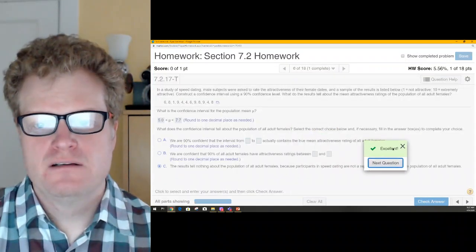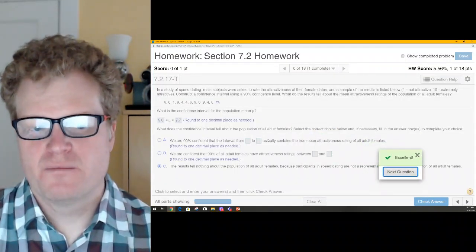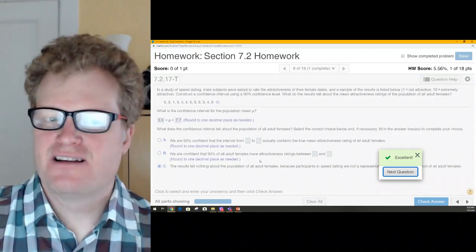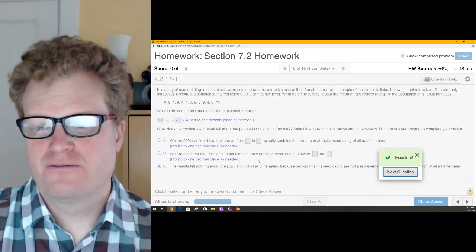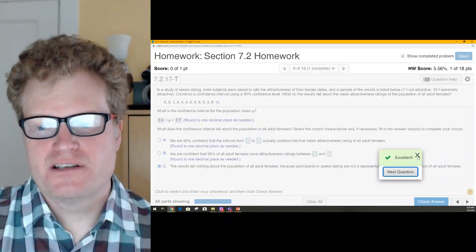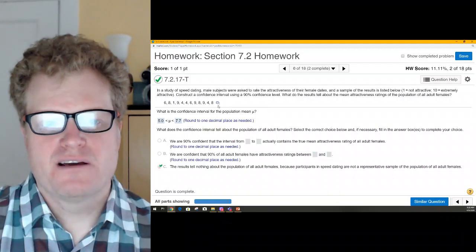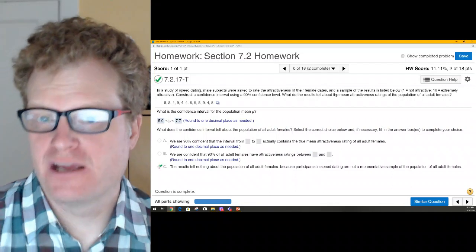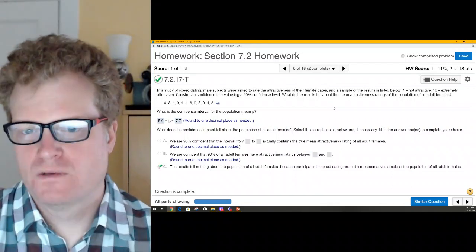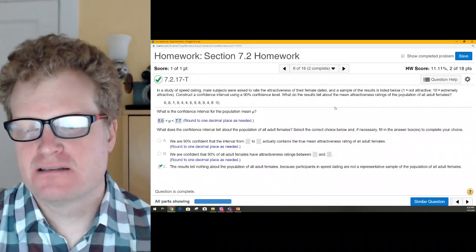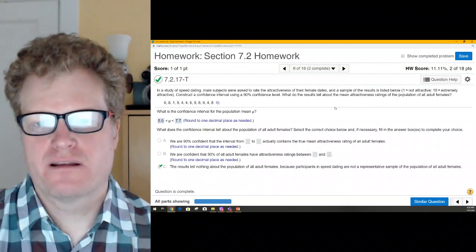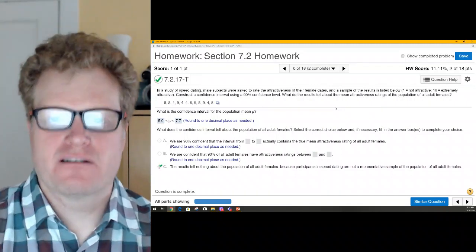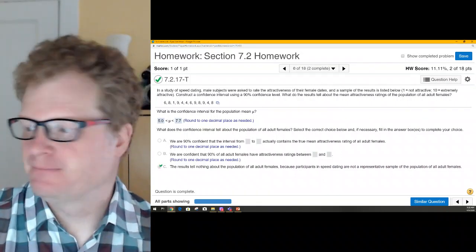These interpretation questions can be a little bit tricky, but remember that with really small sample sizes, there's not a lot they can say about adult females. We're talking about using speed dating to represent the entire population of adult females, so the characteristics of that sample are not necessarily the same as the characteristics of the population.